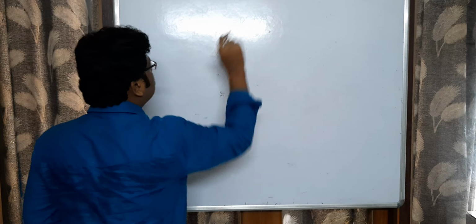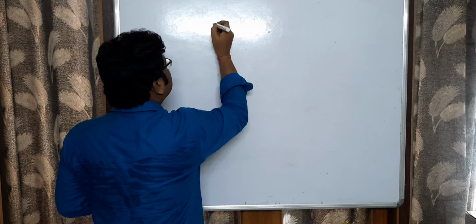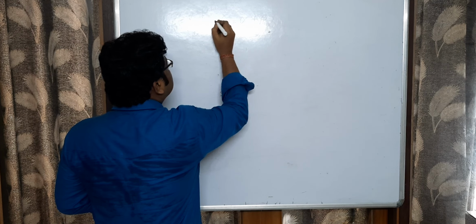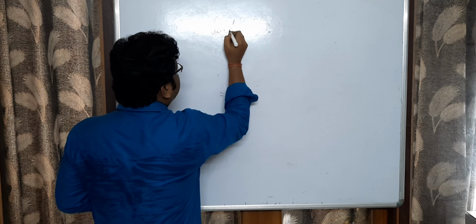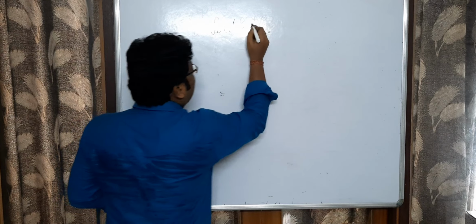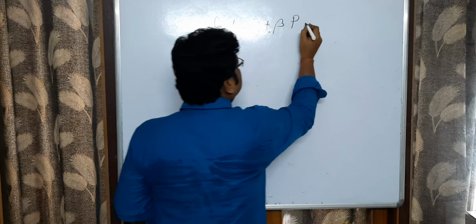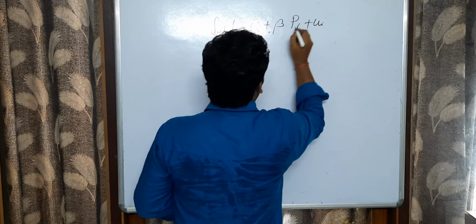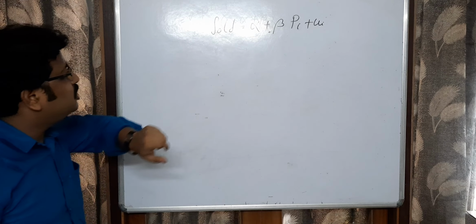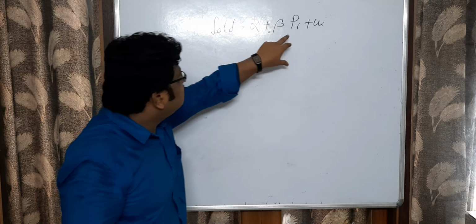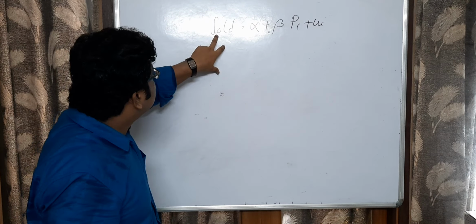Suppose the sale, or you can say sold, equals alpha plus beta price plus ui. So this is a regression equation, and this is the price of the car, and this is the sold.